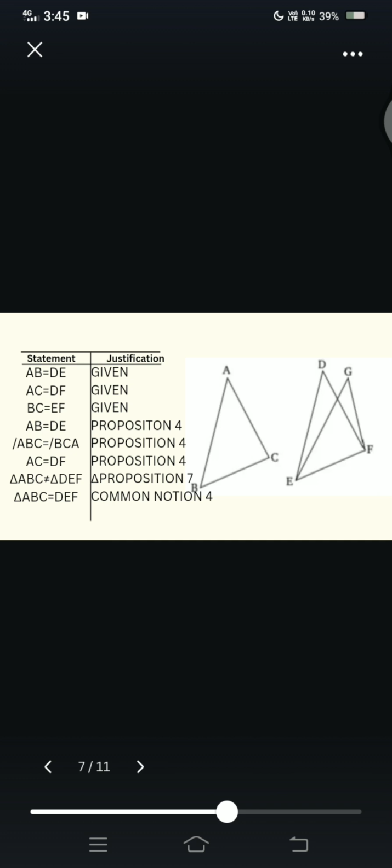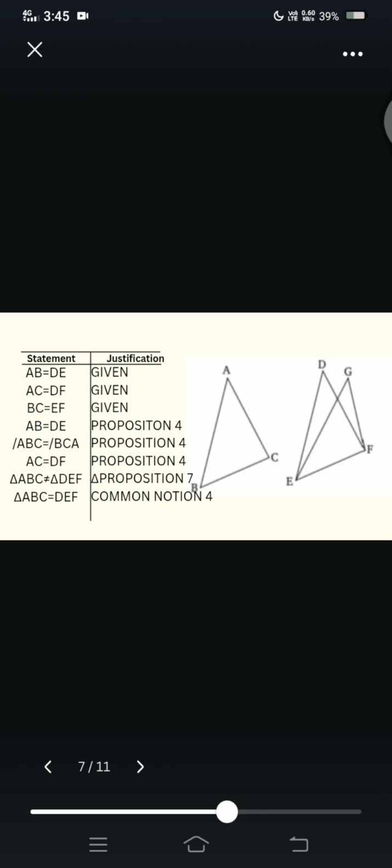So if it happens that our line AB and line DE don't meet at the same point, like these two triangles, which is the triangle DEF and triangle GEF.